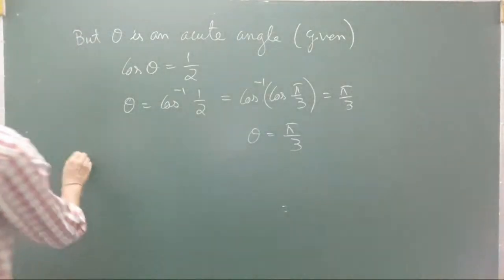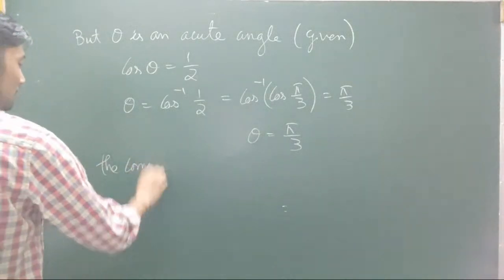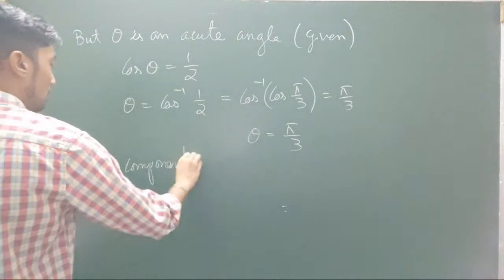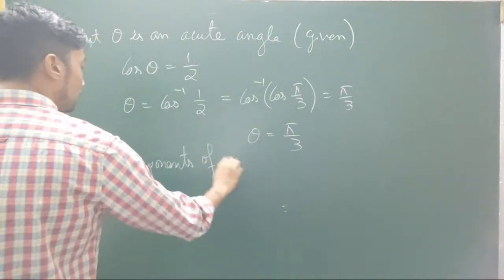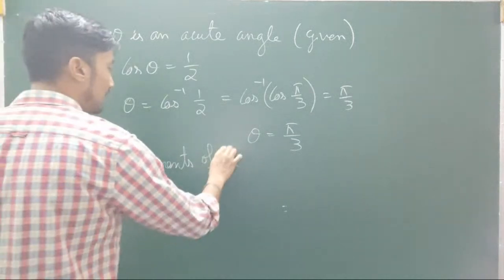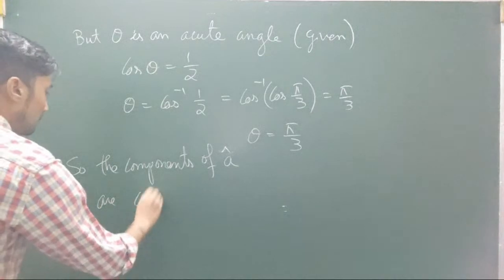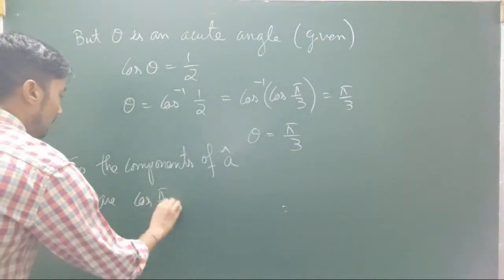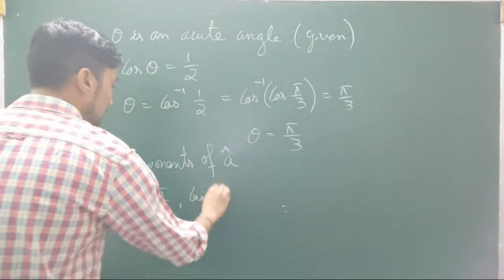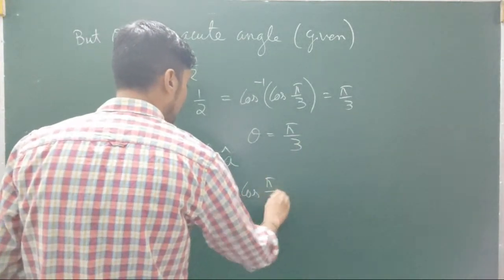So the components of vector A, or let's say A cap because it's a unit vector, are cos pi by 3, the first angle, cos pi by 4, the second angle, and cos pi by 3, this one.